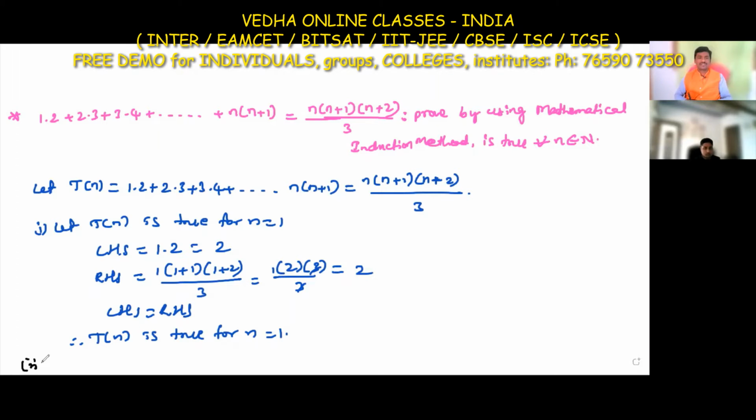Now assume that T of n is true for n is equal to k. So now I am substituting n is equal to k.